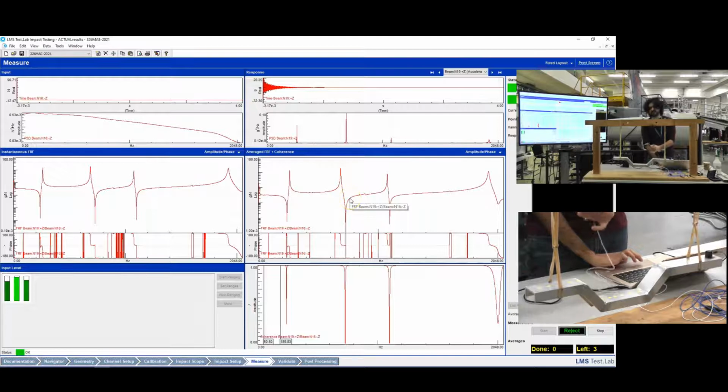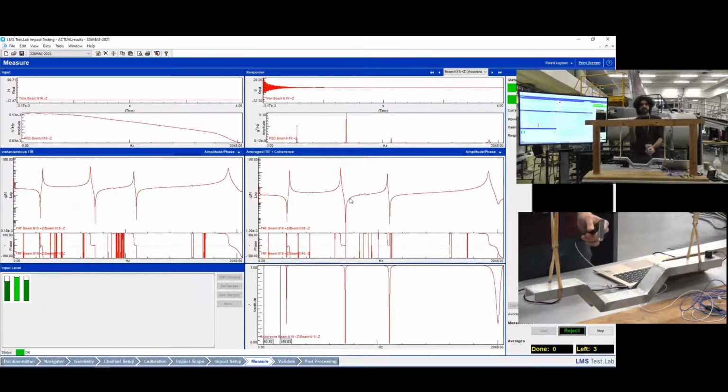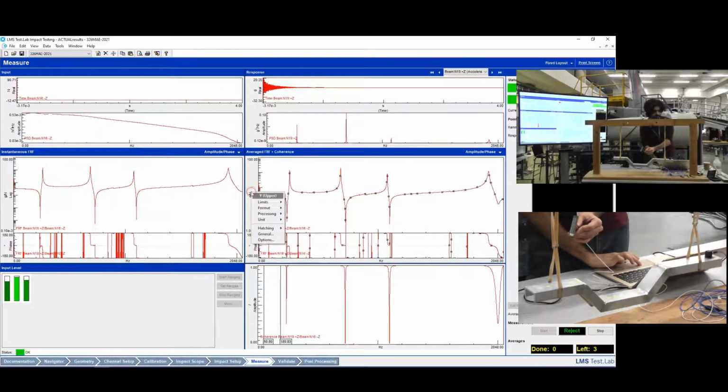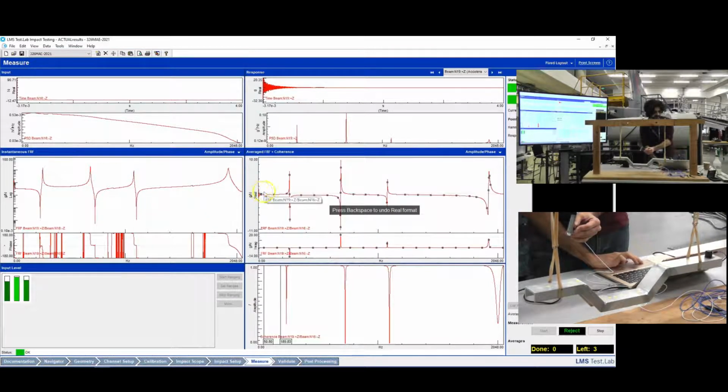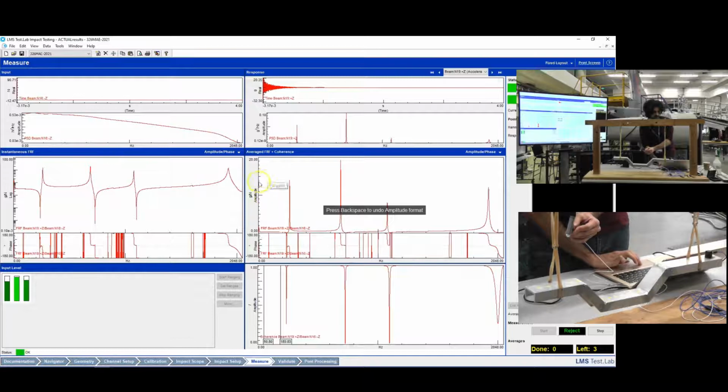Frequency response functions are complex numbers, so every frequency is associated with a complex number. So you either have real and imaginary part, or you have amplitude and phase. Now in this case it's amplitude and phase, but if you want, you can also change this to be real and imaginary. So this is the real part, and this at the bottom is the imaginary part, or you can choose the amplitude and phase.